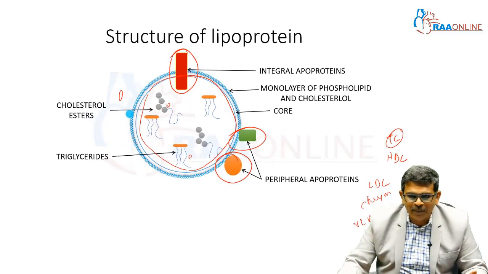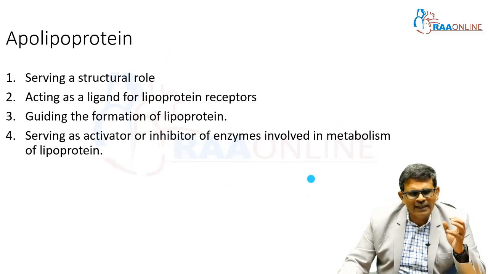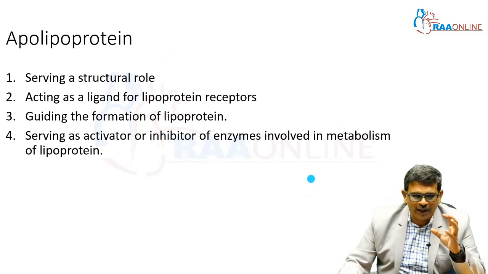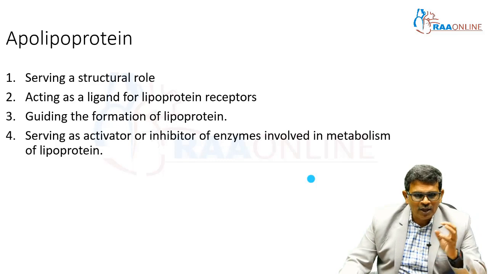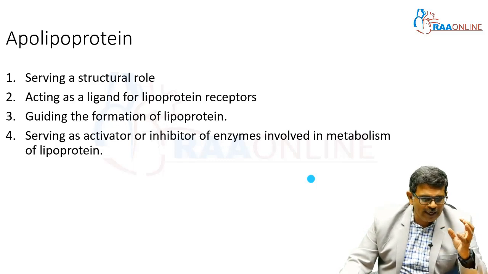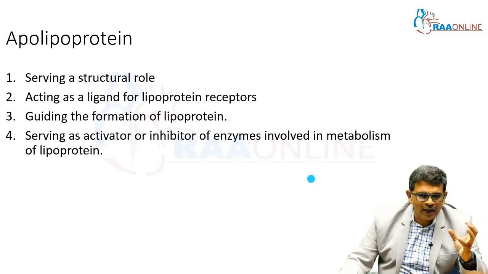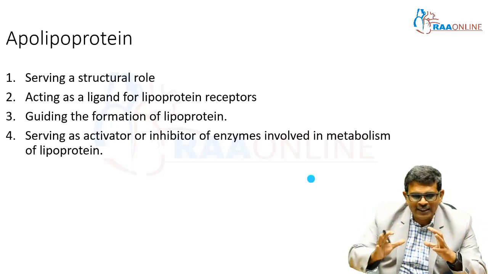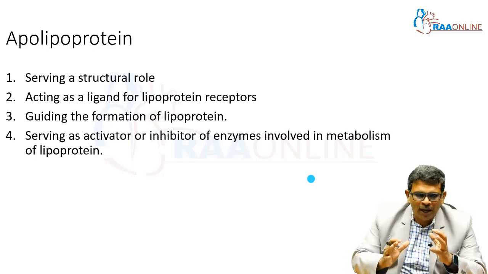It also governs the formation of lipoproteins, as they move from one form to another, say VLDL to IDL, IDL to LDL, or from chylomicron to VLDL. This formation of the subsets of lipoprotein is decided by the apolipoprotein.